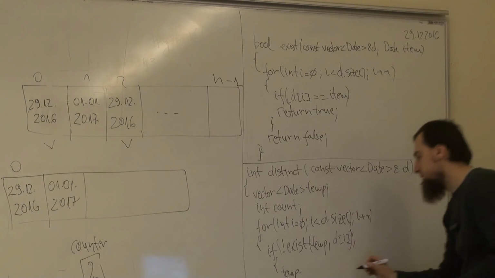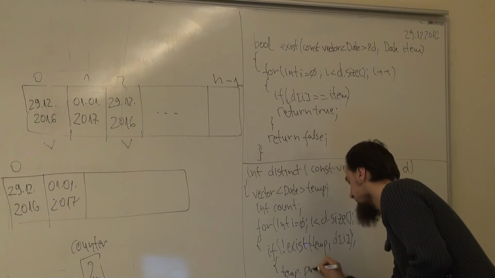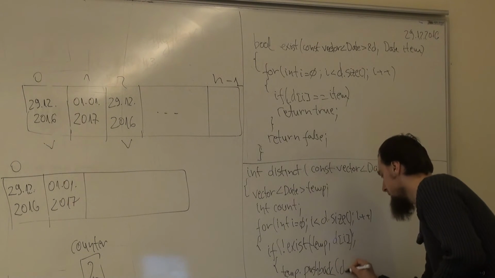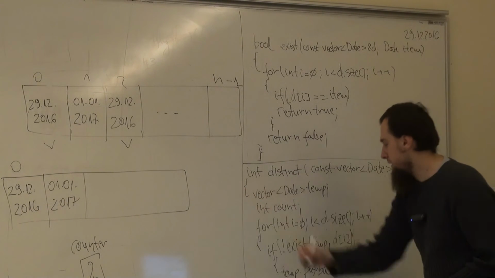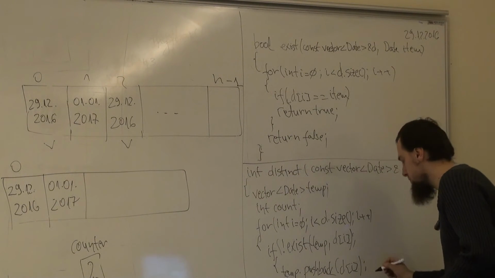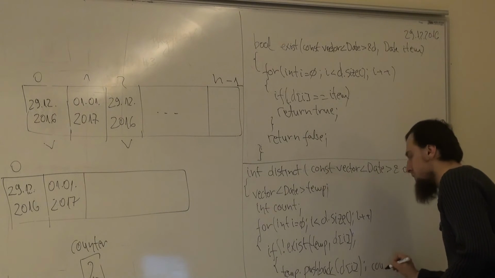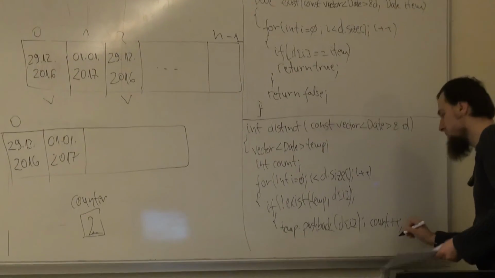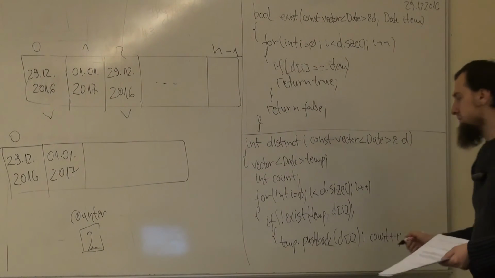Pushback. I always put it in the end. So pushback, d of I, have the element there, and increment the counter by 1. So count plus plus. And this is it.